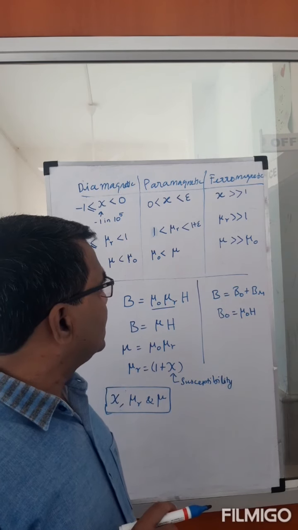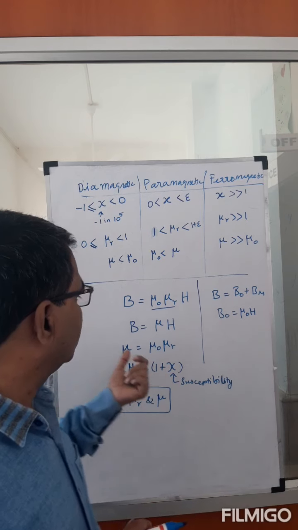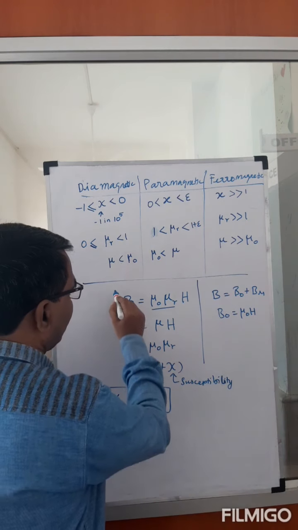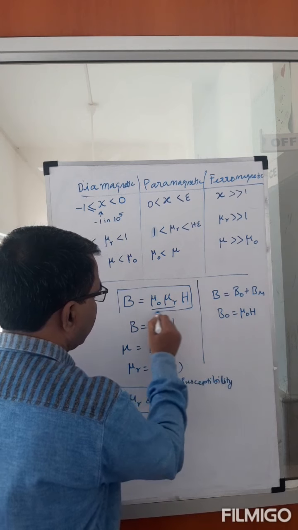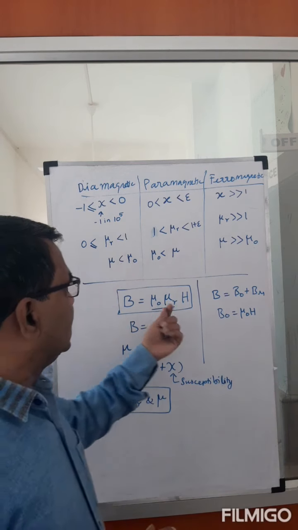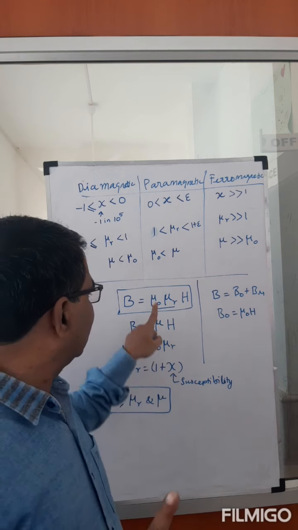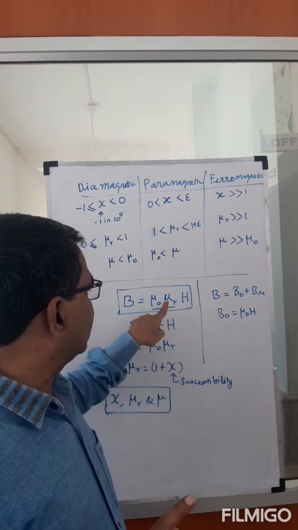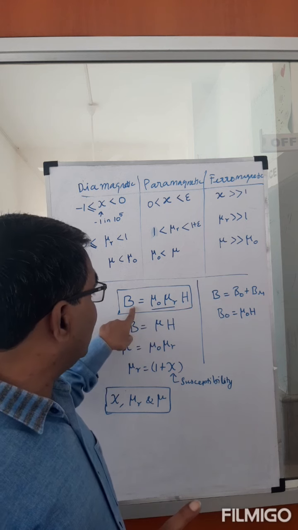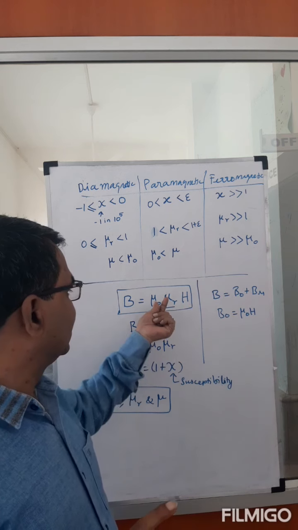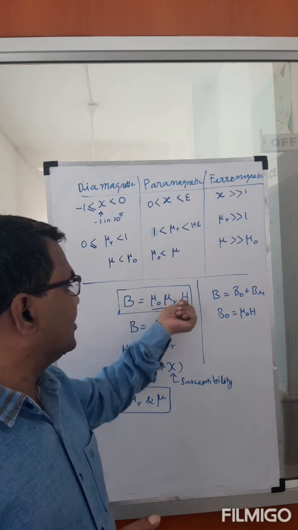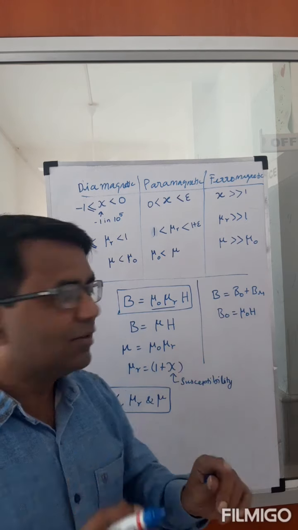Okay. So if this has to oppose, look at this. If the relative permeability is 1, then B will be equal to B naught straight away, because B in that case will become mu naught H, that is equal to B naught, the applied field.